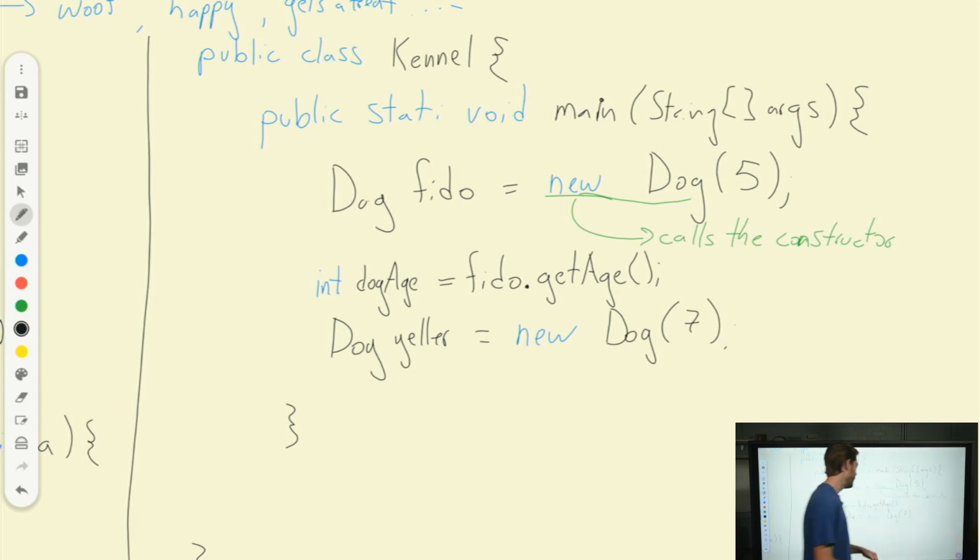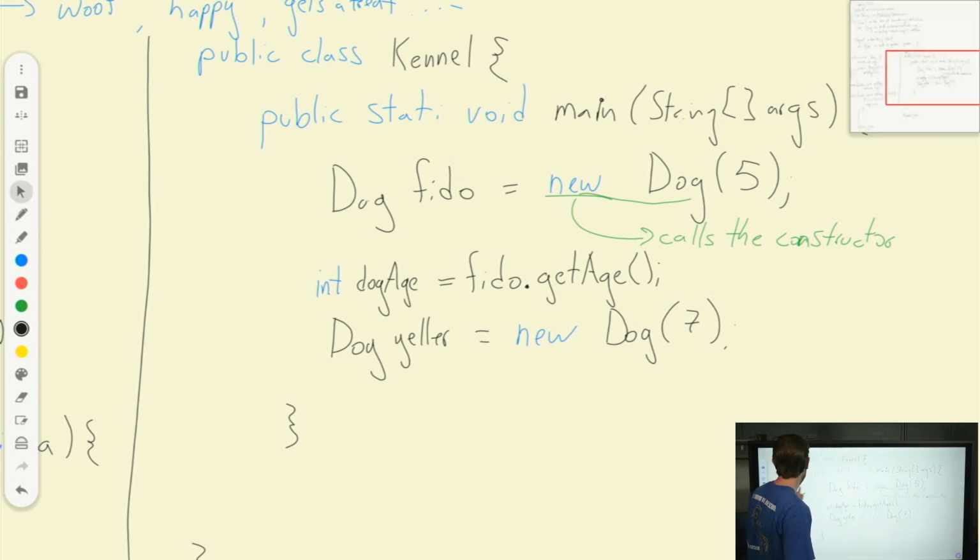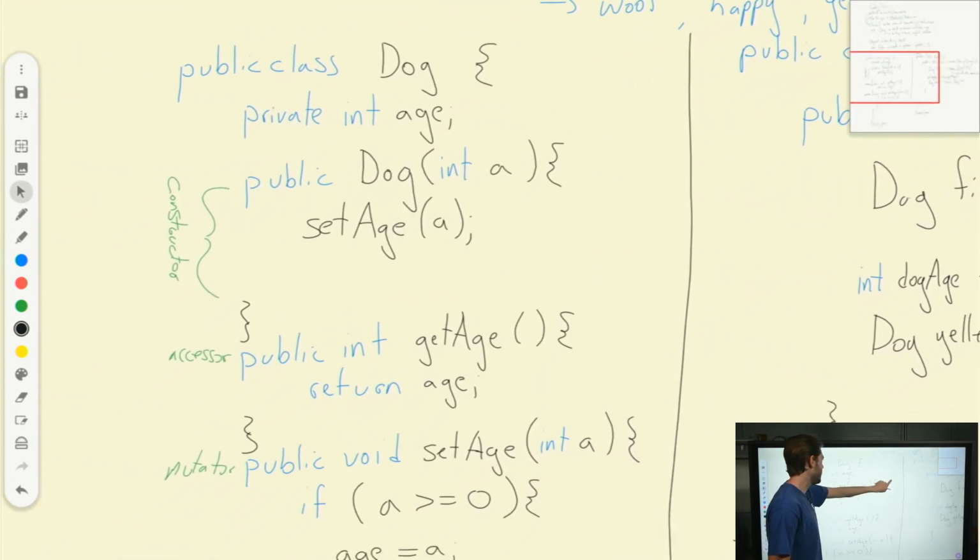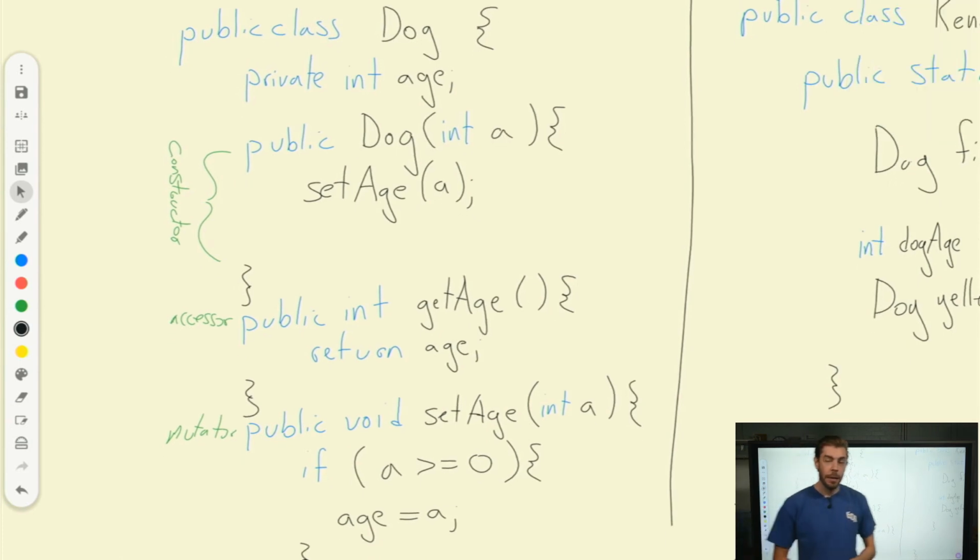And now we've got 2 dogs, 1 Fido, 1 Yeller, each defined by our Dog class over here. This is how we begin to write our classes and use objects that we have defined within Java. All right, I will see you guys in the next lesson.